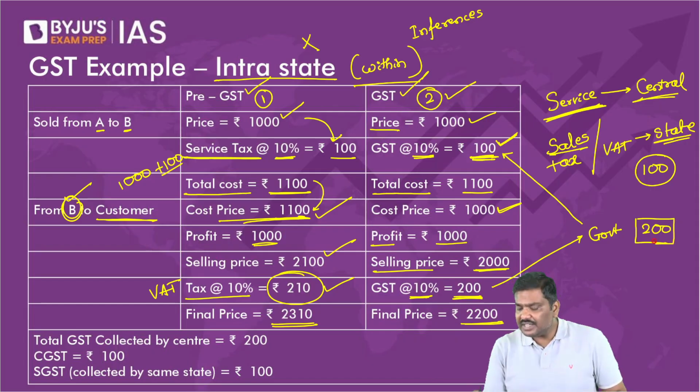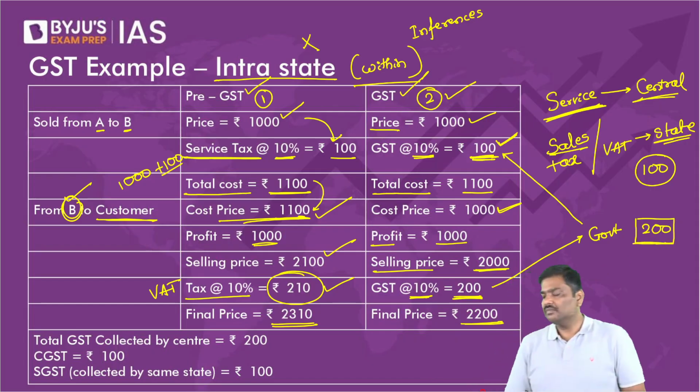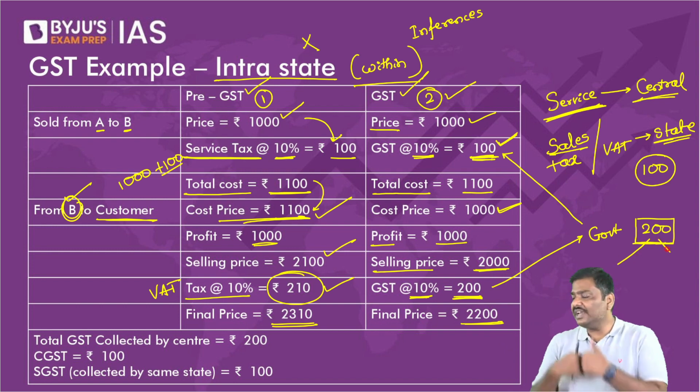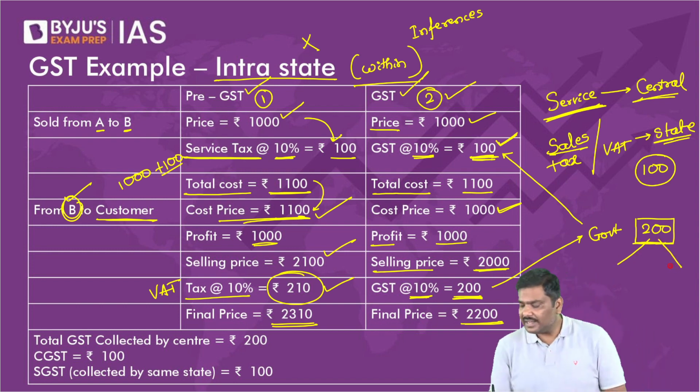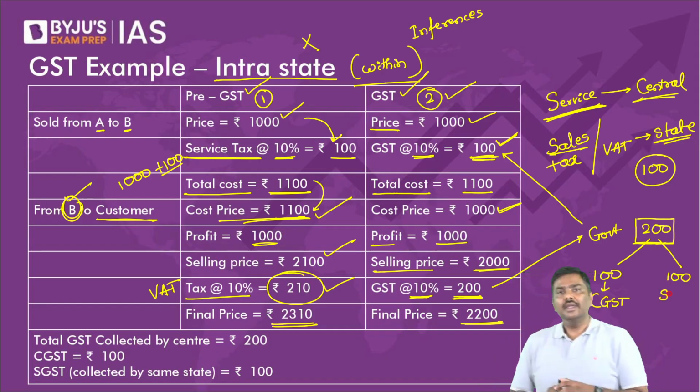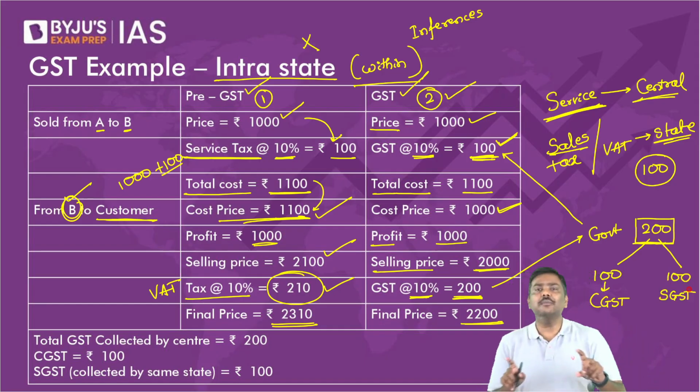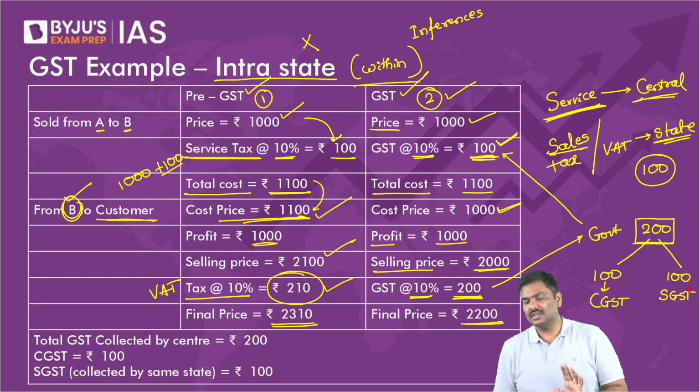Now divide this into 2 equal parts. That is 100 rupee will go to the central government, CGST, and another 100 rupee will go to the state government, SGST. Any problem how the division will take place, how the distribution will take place? Can we go forward here?